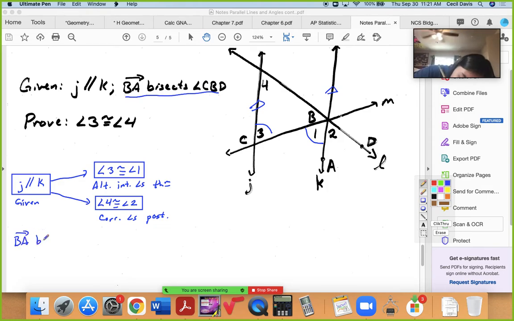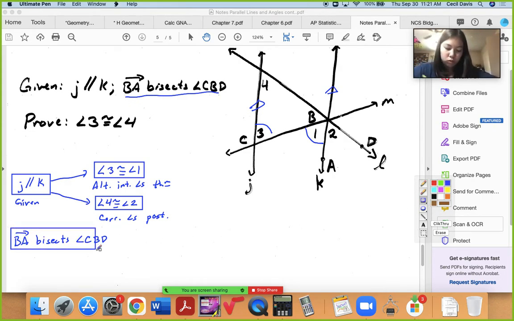BA bisects angle CBD. That's given. What is a bisector?